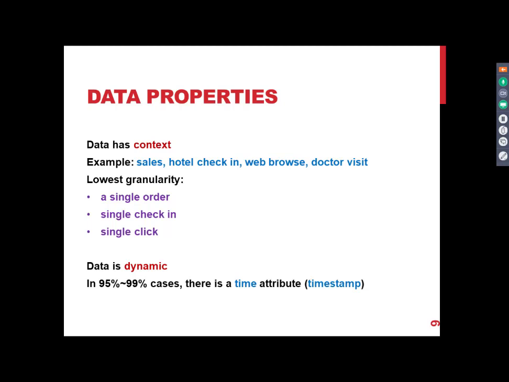Another important property is data is dynamic. What it means in practice is there's always a time attribute associated with a record, say, a sales order or check-in or click, at what time.